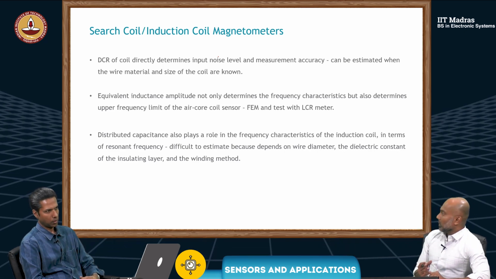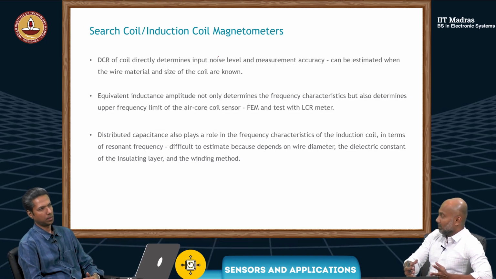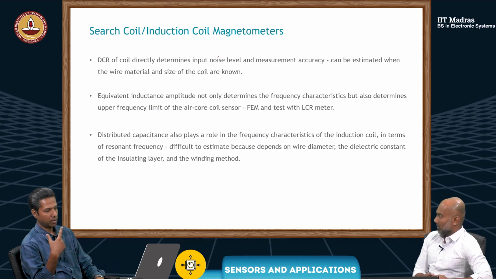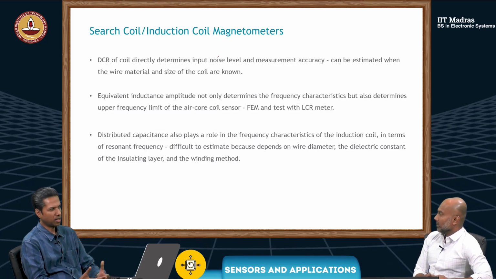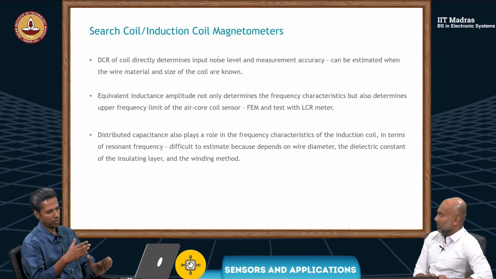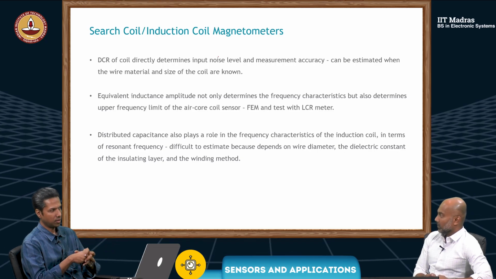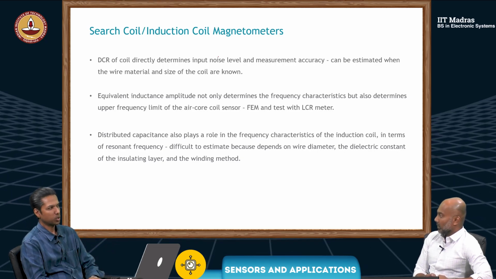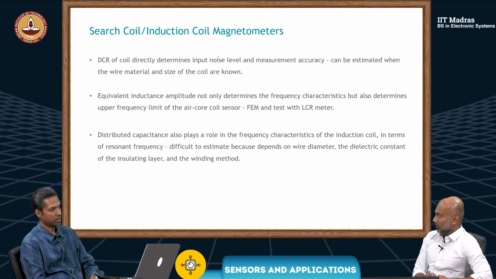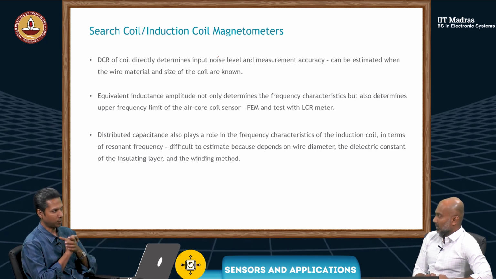If your shape is quite standard, it is more or less calculable. There is an equation for inductance with n turns and a given diameter. But if the shape is not standard, one could use a finite element method.